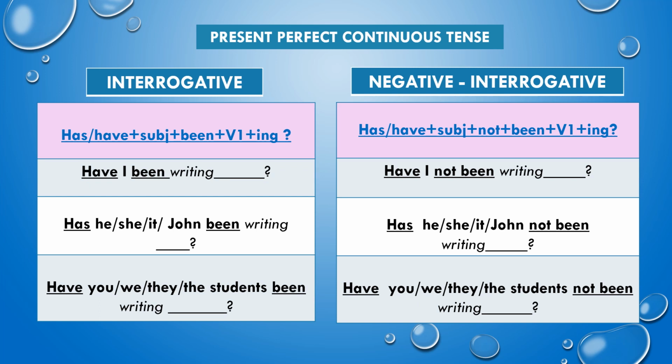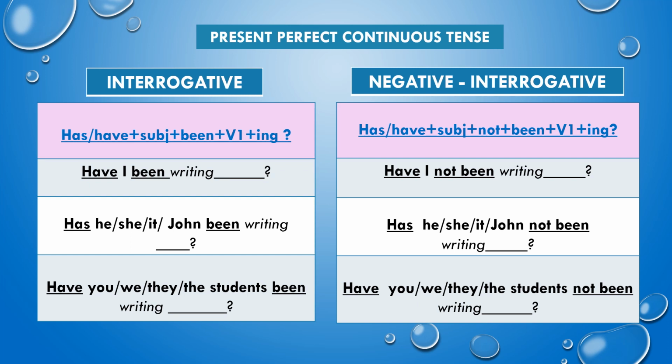We see in both forms that has or have are used to start a question depending upon the subject, because we already know the uses of has or have depending upon the subject. Have is used with I, you, we, they, or plural noun, and has is used with he, she, it, and singular noun.